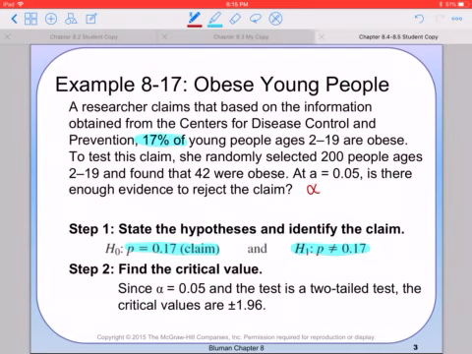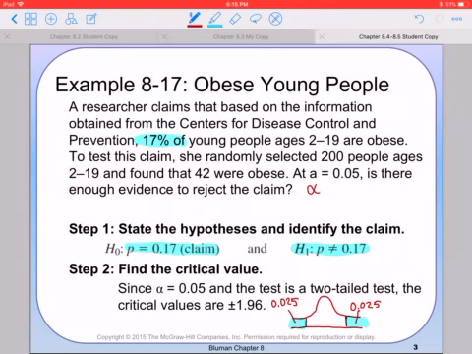So we can find these critical values just from our z table. It's a two-tailed test, so we know that this area is 0.025 and this one is 0.025.